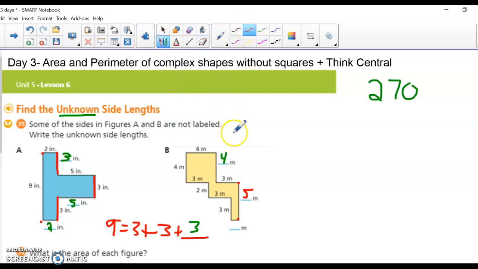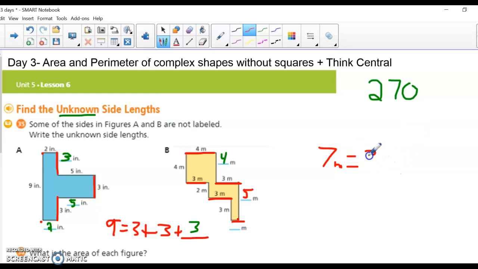Okay. So we know these two sides on the top, 4 and 3. So the whole top is 7 meters. So that needs to equal our lower sides now. So we have 3, 3, and then an unknown here.